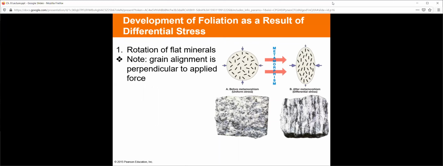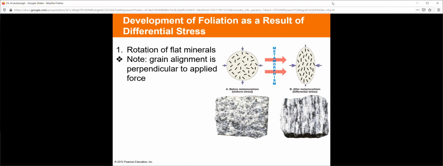Picture shown here about the development of said foliation, the apparent layering in a rock that's undergone metamorphism. The granite that we see in part A there has no defined layering or any sort of preferred orientation to its grains, right? However, if we go through metamorphism to B, to that gneiss, we can notice that it seems to have lines.